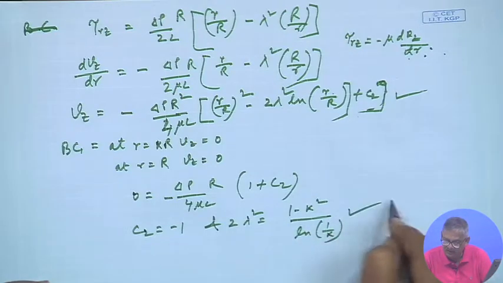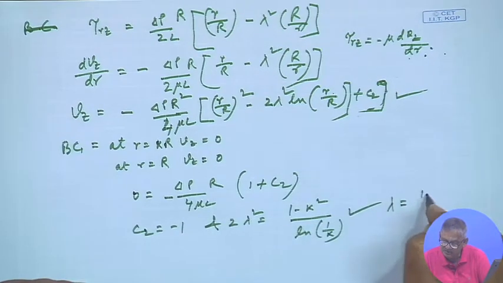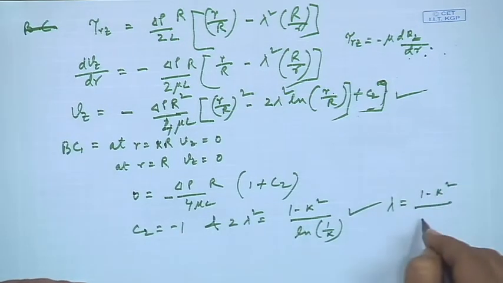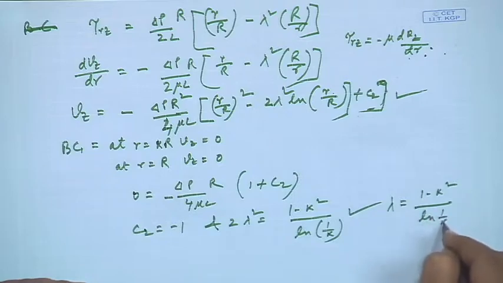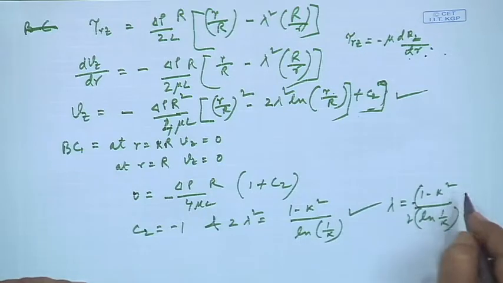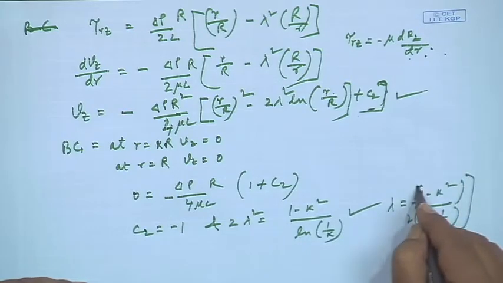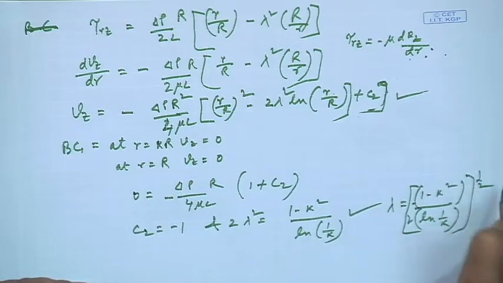So, we find the value of lambda equals 1 minus k square divided by ln of 1 by k, this to the power of half. That is the value of lambda.